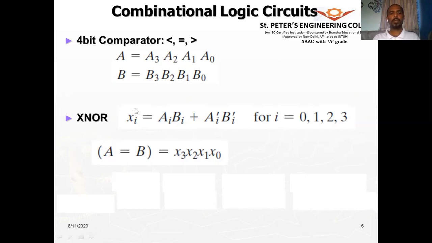Next, we look at A2, B2. If they are also the same, we represent that as X2. If A1, B1 are both the same, we represent that as X1. If A0, B0 are both the same, we represent that as X0. Therefore, we say that A is equal to B when the conditions X3, X2, X1, X0 are all true. That means all the bits, position-wise, are the same.